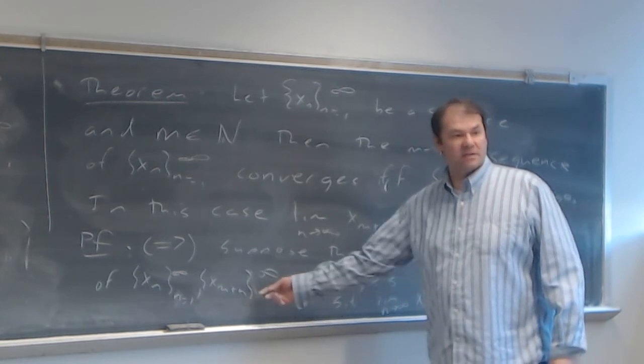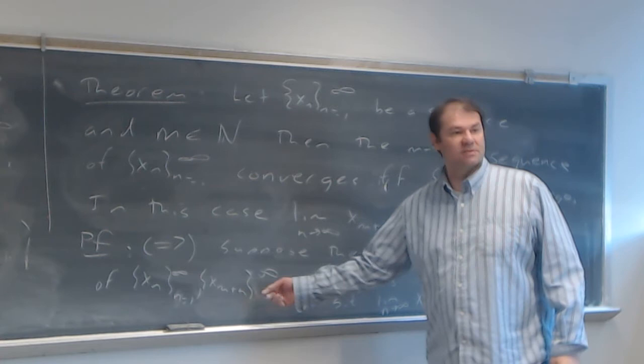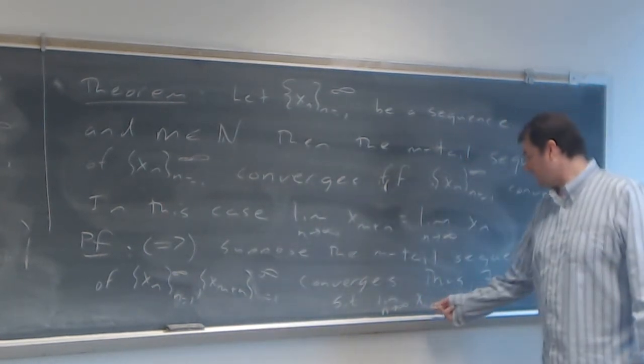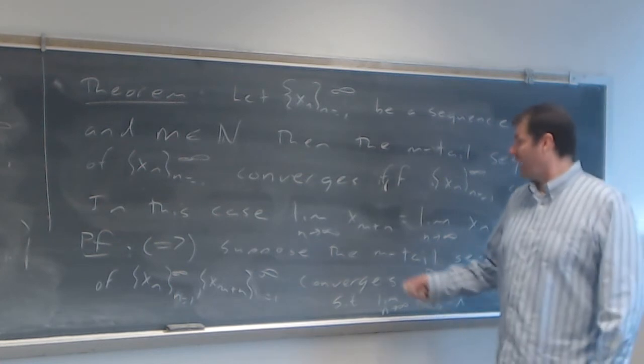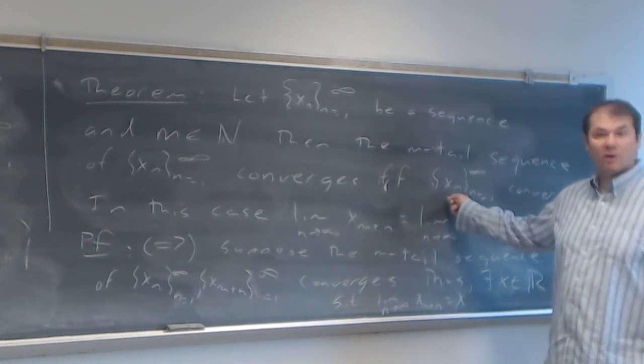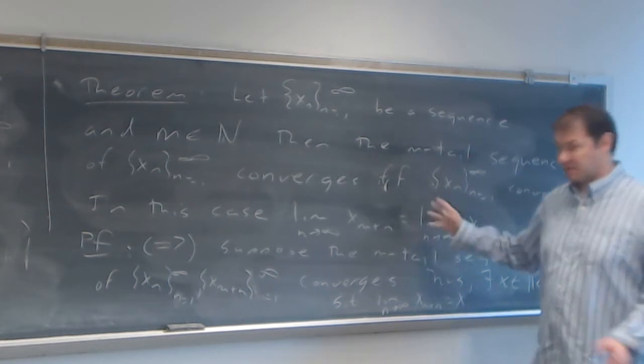At some point in the tail sequence, all the terms are really close to x. Well, that means that after some point, all the terms of x of n, the original sequence, are really close to x. That's what we're trying to do. Well, let's see how we do it. One of the beautiful things about mathematics, and in particular this course, is that we have verifiable methods to prove something.